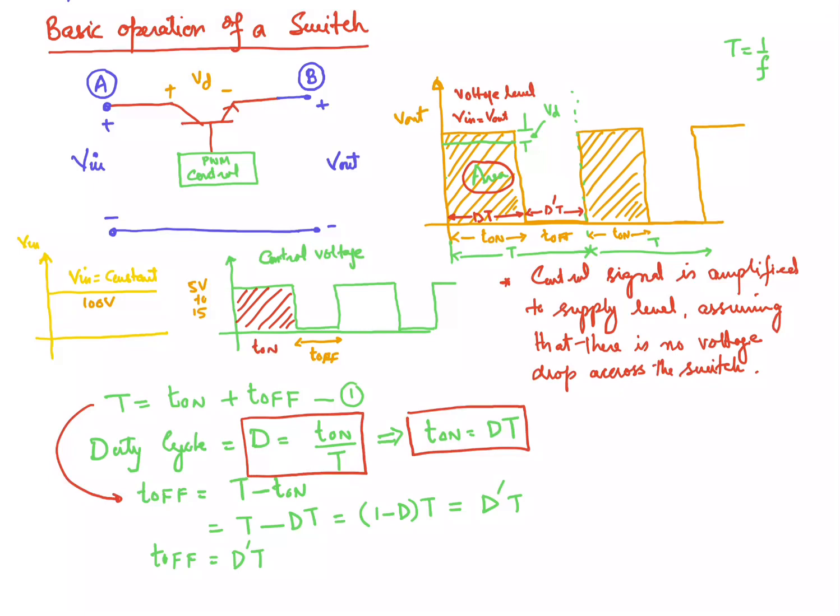So T off is equal to D prime into T in terms of the duty cycle. D prime is the duty cycle of the off time, when your switch is in the off state, and T on by T is simply the duty cycle defining the on time of your switch. From here I can write another equation: D T, the on time, plus D prime into T, the off time, should be equal to the total time T. So we can say that D plus D prime will be equal to 1.